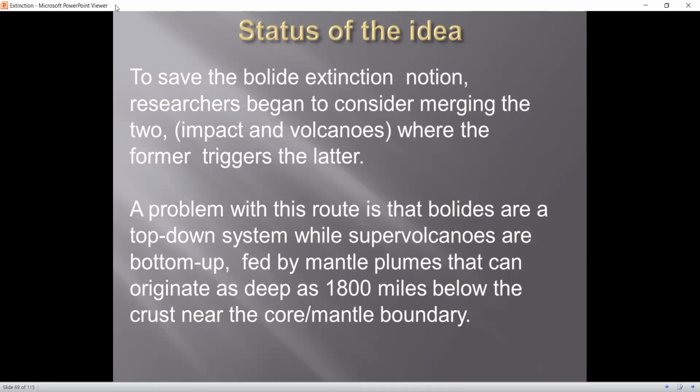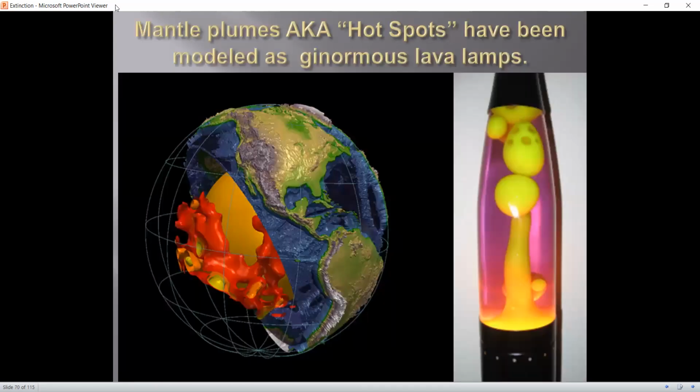The problem with that is a bolide, a meteor, is a top-down process. It's coming in from outer space. These mantle plumes, they start down almost 2,000 miles in the Earth and come up from the bottom, okay? It's bottom up, the other is top down. So it's kind of hard to marry those two and get them to work as a process.